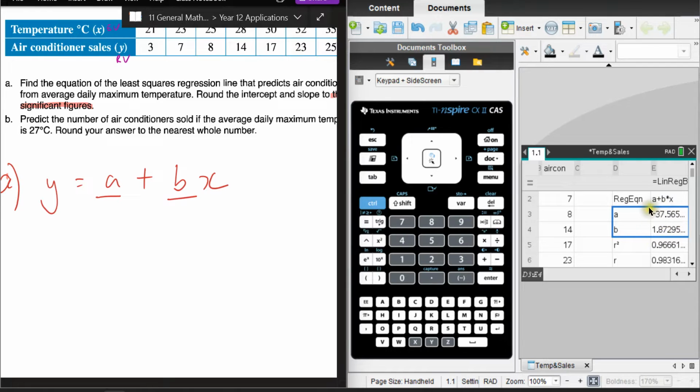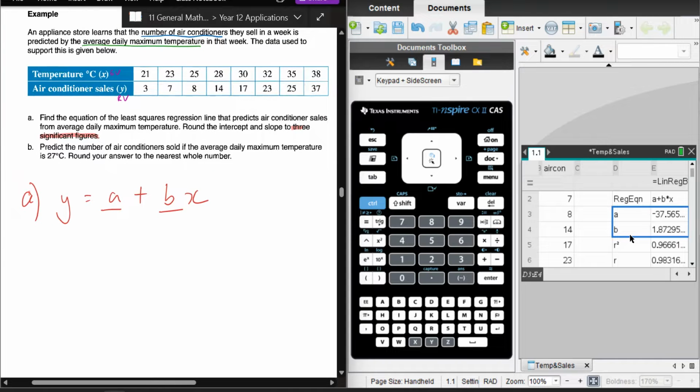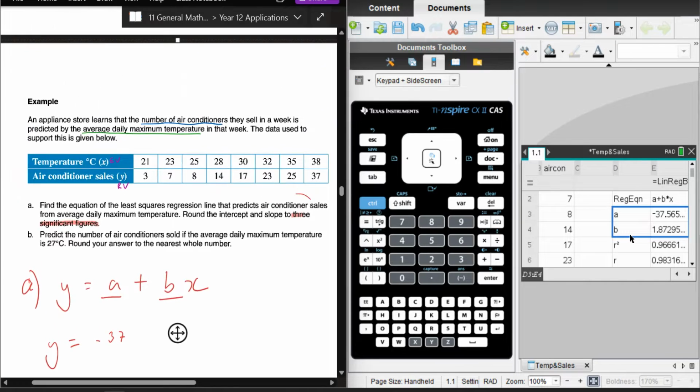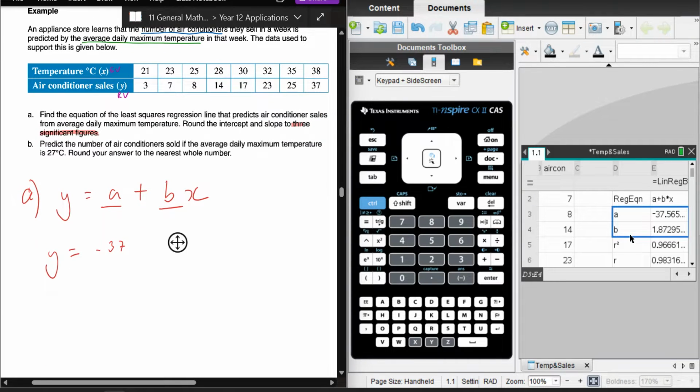So looking at a calculator, there's my values for A and B. So the formula should be Y equals, A is negative 37 point, actually, be mindful as well, 3 significant figures, don't forget that. So if you want to round 37.565 to 3 significant figures, what's it going to be, guys? 3 important numbers.